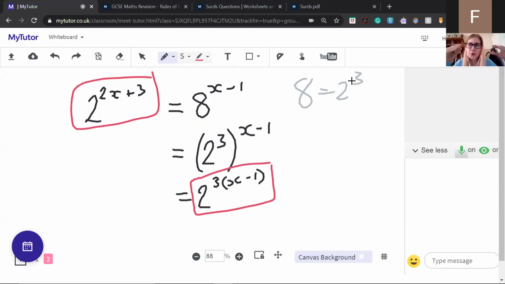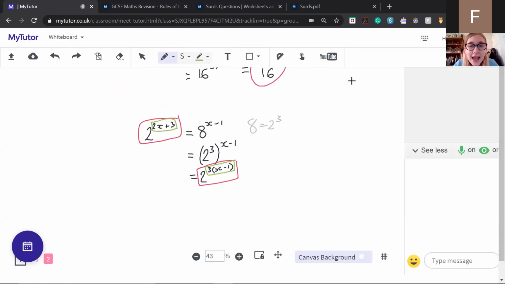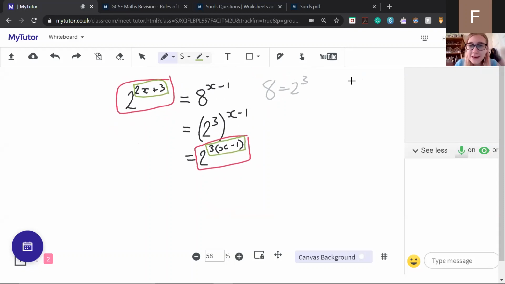Well, if they're both 2 to the power of something, then the powers must be equal. If 2 to the power of x is the same as 2 to the power of 4, x must be 4. Hopefully that's quite intuitive. And now, suddenly, powers are completely out of the equation, and we just set these things equal.